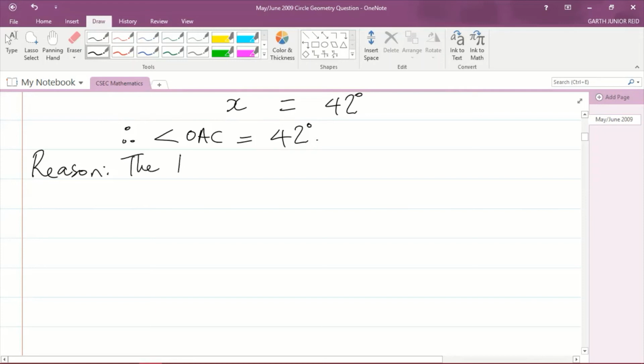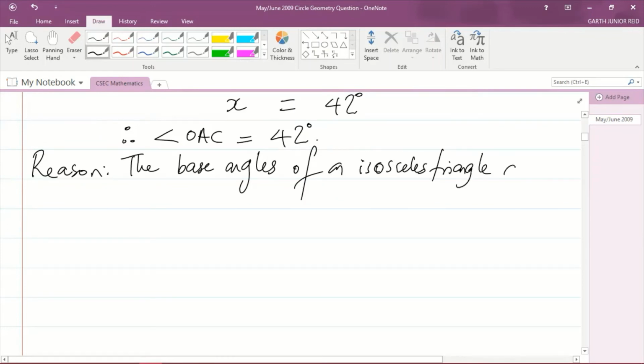So the base angles of an isosceles triangle are equal. And we also use the fact that the sum of all the interior angles of a triangle is 180 degrees. So let's write that as well.